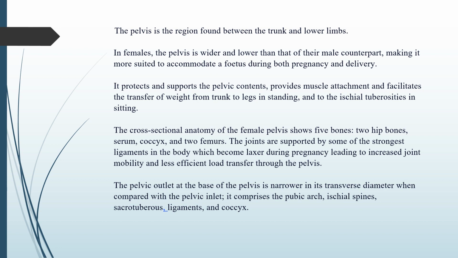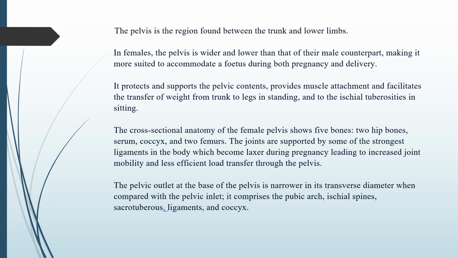The cross-sectional anatomy of the female pelvis shows five bones: two hip bones, sacrum, coccyx, and two femurs. The joints are supported by some of the strongest ligaments in the body, which become laxer during pregnancy, leading to increased joint mobility and less efficient load transfer through the pelvis.